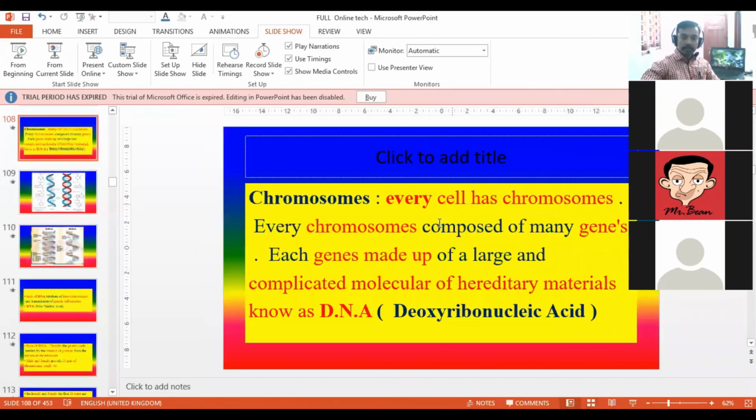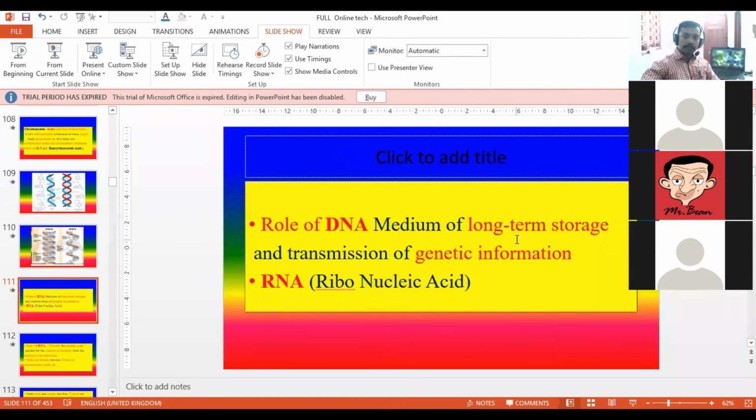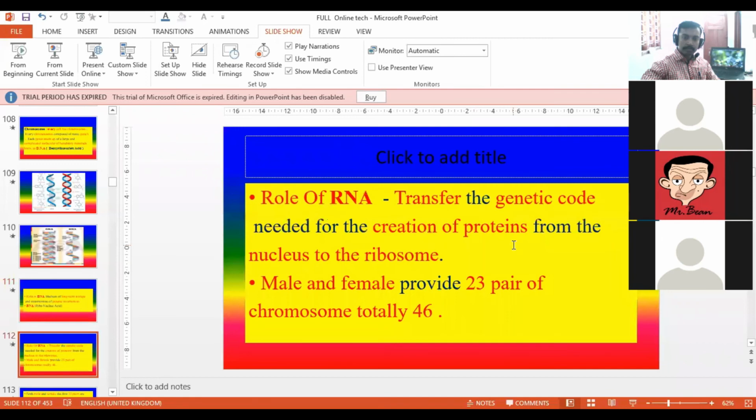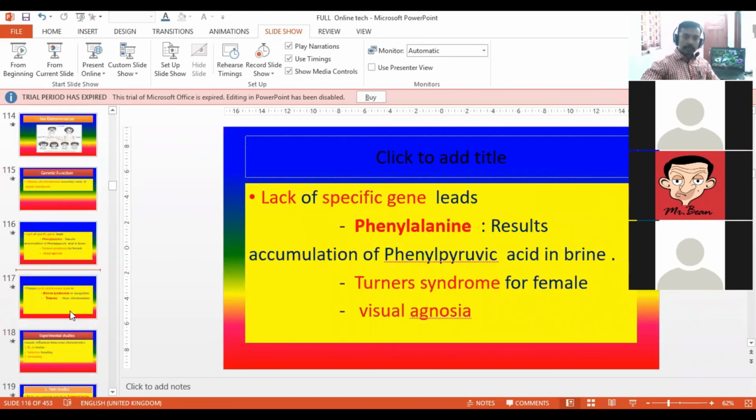DNA is a long-term storage of genetic information, but RNA synthesizes it, creating proteins, carrying information from one generation to another generation. Then sex determination. Also these genetic disorders are due to an excess number of genes as well as a lesser number of genes.